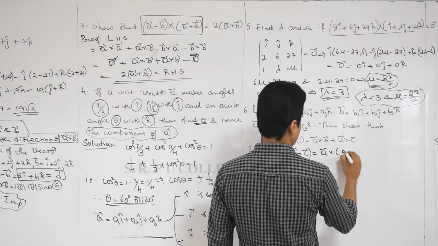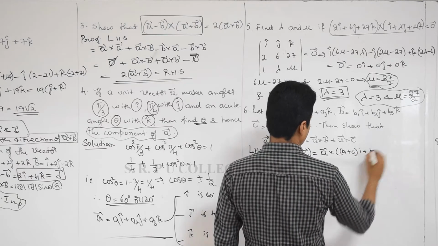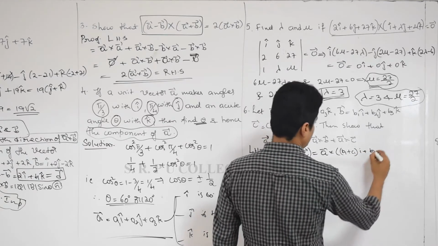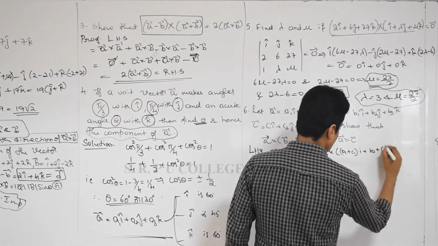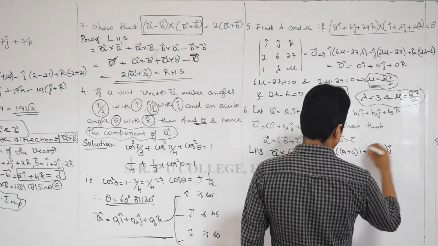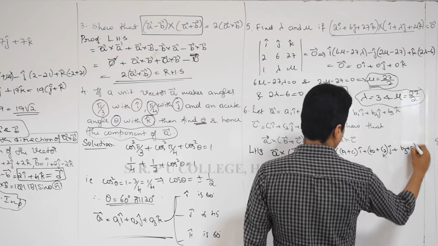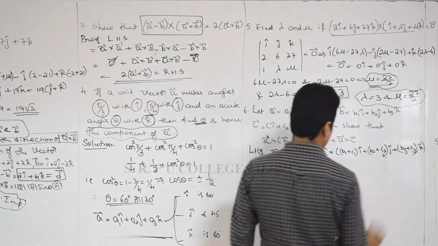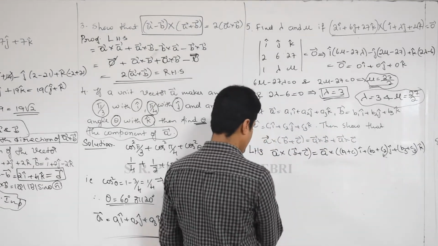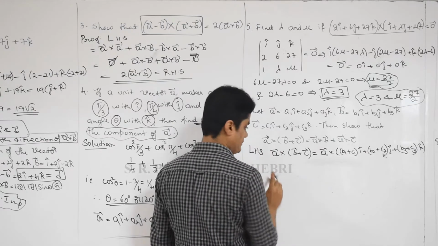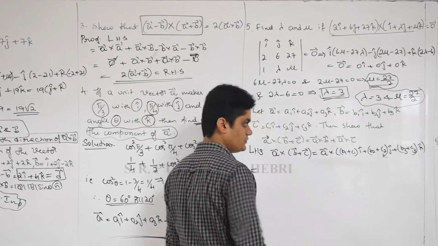B plus C is (B1 plus C1) I plus (B2 plus C2) J plus (B3 plus C3) K. Now you have to multiply this. If I write everything, nothing will remain for you as homework. The right-hand side you have to work out.